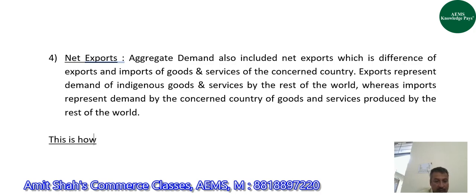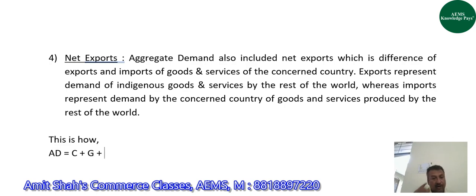This is how aggregate demand is built. What is C, guys, here? C is consumption expenditure on final goods and services by the private sector.